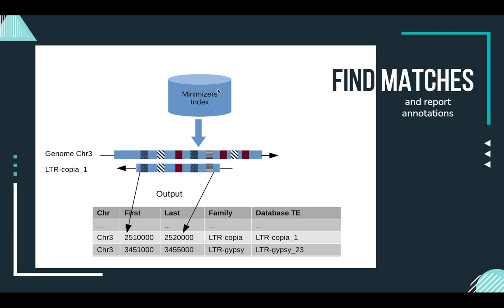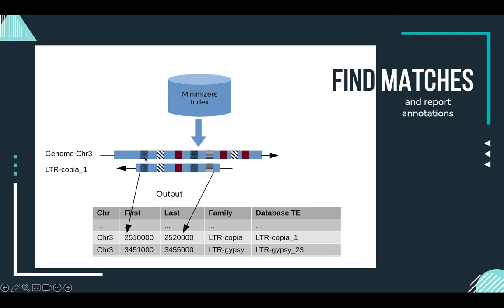So then we need to find the matches of our library against the genome that we need to annotate. In this case, here we have one chromosome as an example and one element, and we have these matching minimizers against the two of them.